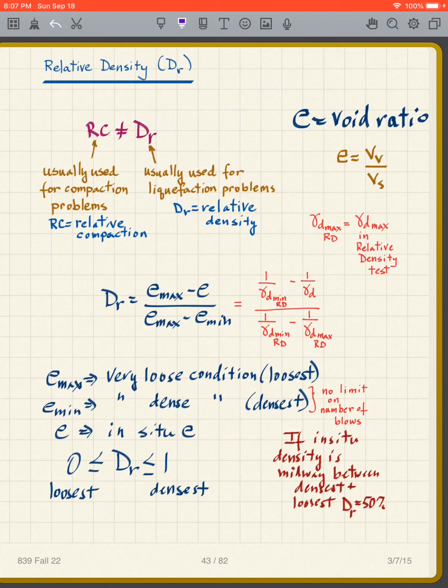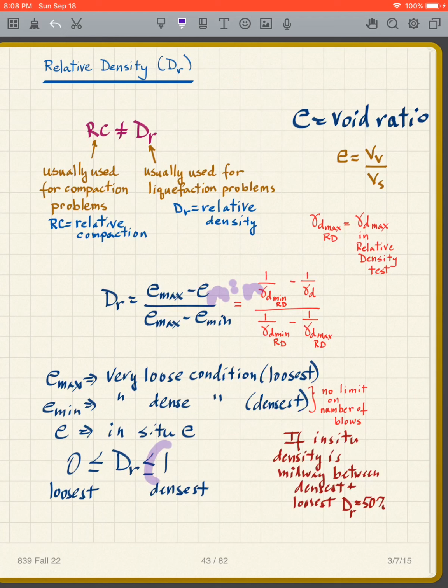The way that this works, if I look at this relative density term, what do I have? Well, if my in situ soil is the densest it can possibly be, meaning that this is at E min, what is the value of D sub r? Well, it's going to be 1, because if this is E min, then the numerator and denominator are the same.